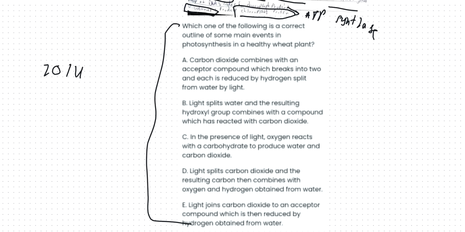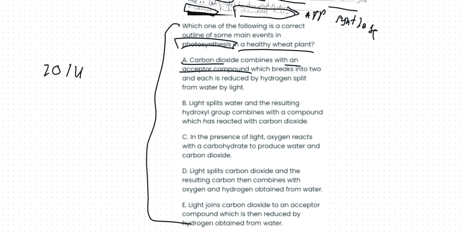Which one of the following is a correct outline of some main events in the photosynthesis of a healthy plant? So they're basically asking what would happen in photosynthesis. Let's go over all of these steps. A: Carbon dioxide combines with an acceptor compound. This happens.